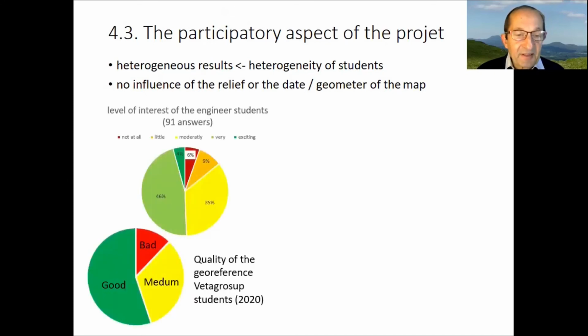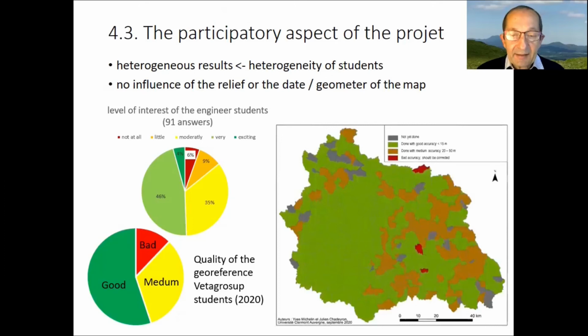And what is very interesting is to compare the level of quality with the level of motivation. So you see in red, it's bad quality. And you see it's also those who are little or not at all interested in making this work. But those who were very or even moderately interested in the work made correct or very good work.